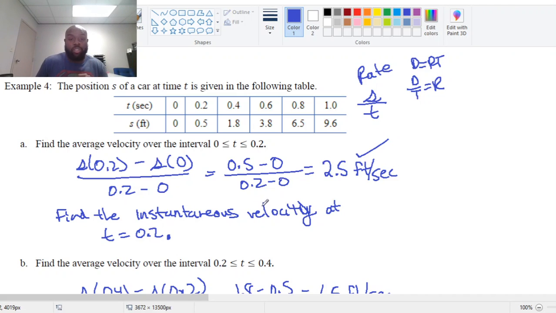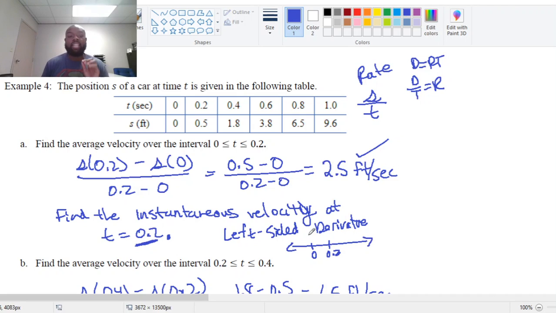Now, when I told you about the derivative, if you look at 0 to 0.2, if you think about your number line, 0 is to the left of 0.2. So this would be an estimate using a left-sided derivative. Because if I'm focusing on t equals 0.2, 0 is to the left of 0.2.